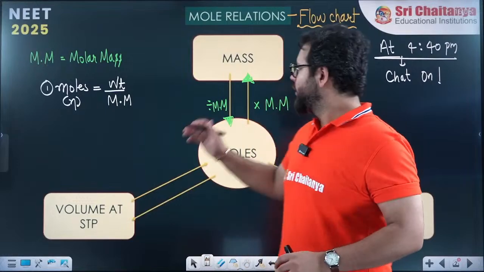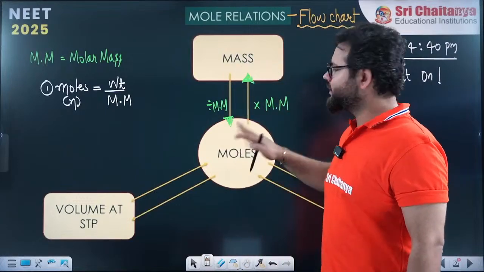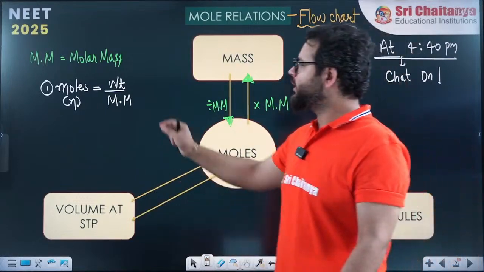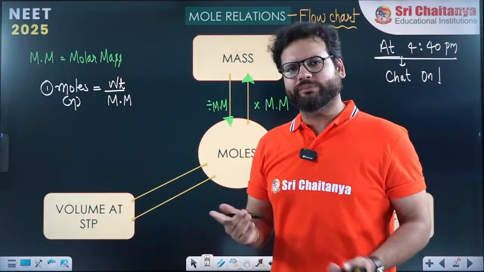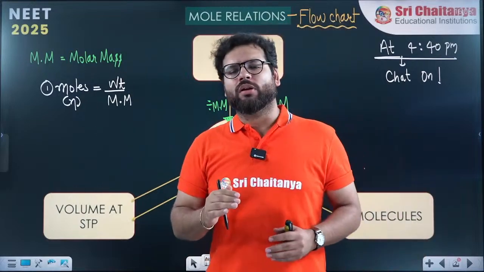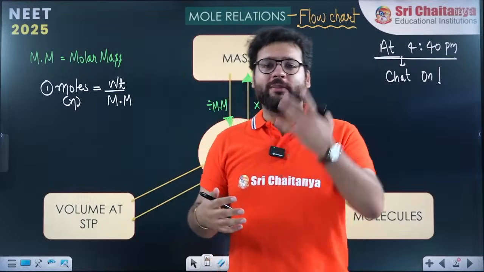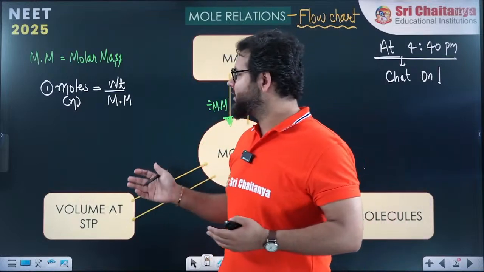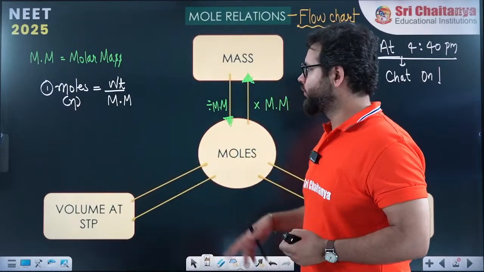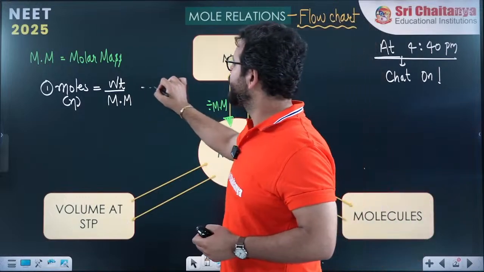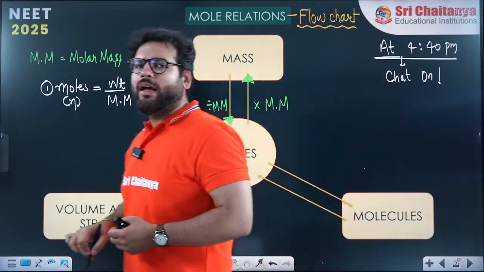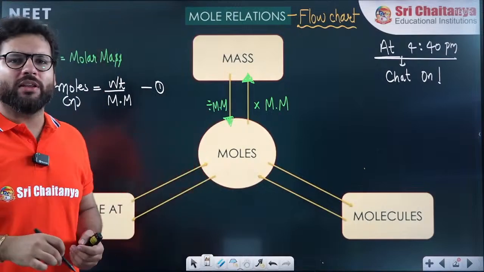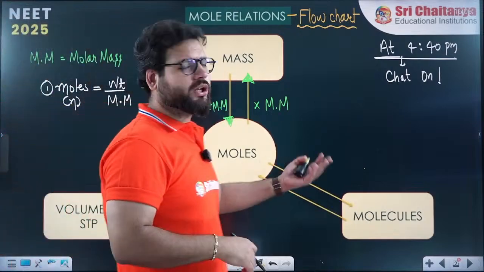Simple. Mass divided by molar mass, you will reach moles. So moles are weight by molar mass. Simple. I will tell you to do all the questions by the unitary method because that is much easier than this. But if you can learn, it's also good. Formula number 1.